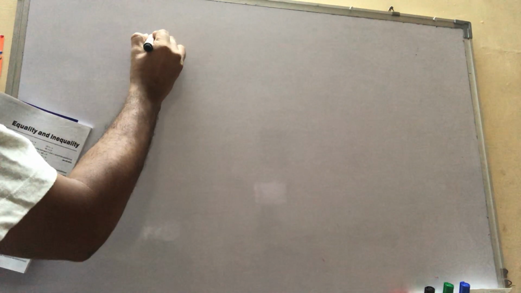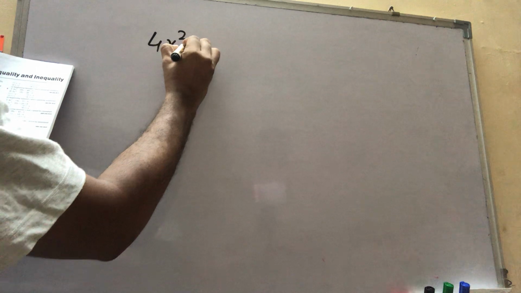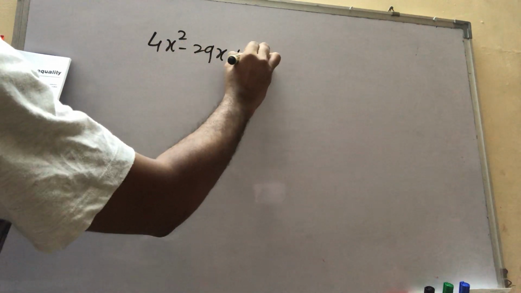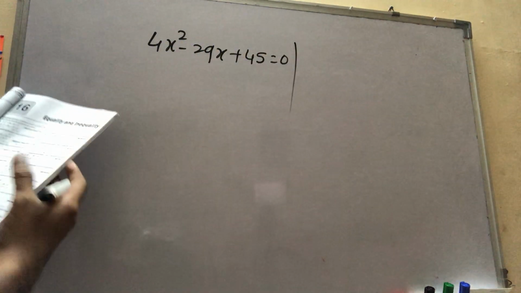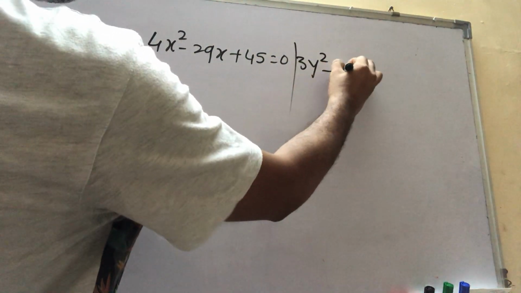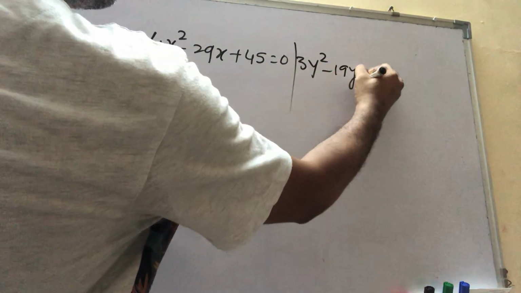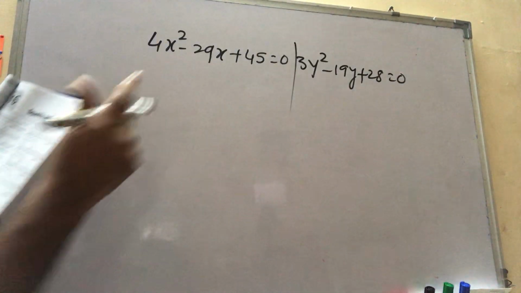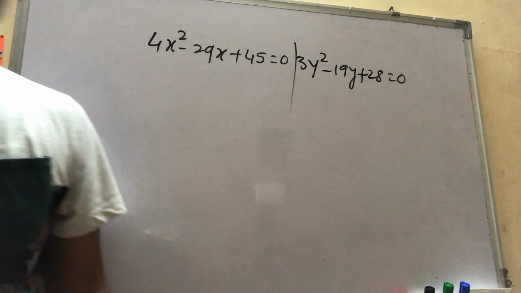Okay, now 4x square minus 29x plus 45 is equal to 0. 3y square minus 19y plus 28 is equal to 0. Okay, do this.